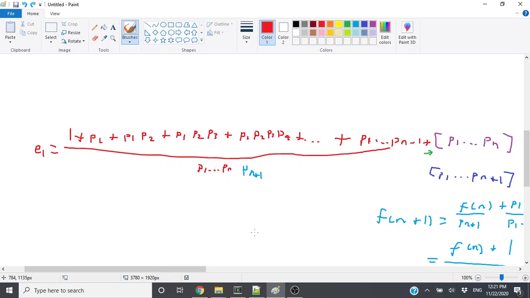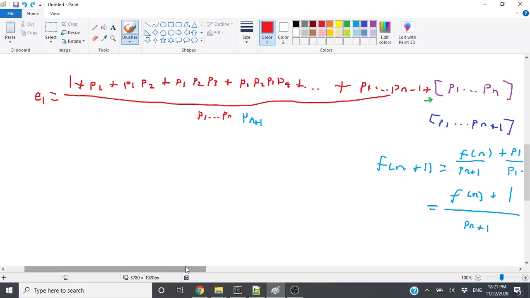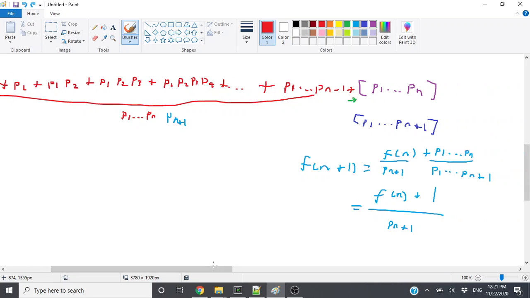Not sure what that would do. Actually, we have this recurrence. Is this monotonic? That's the question. Does this get better as we go along?